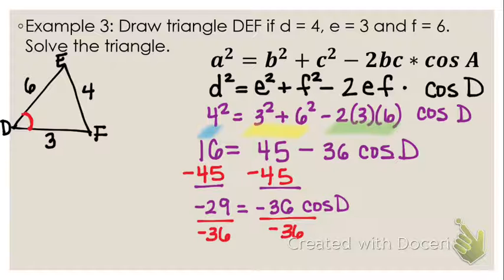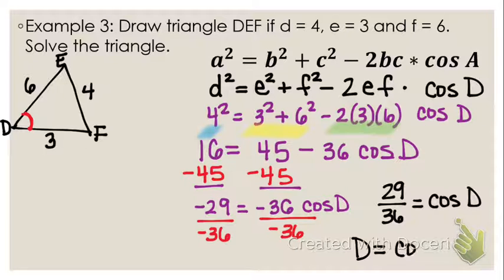So you have 29 over 36 equals the cosine of angle D. So to find angle D, I would just leave this as a fraction and type in the inverse cosine of 29 over 36. So type that in to get your angle.